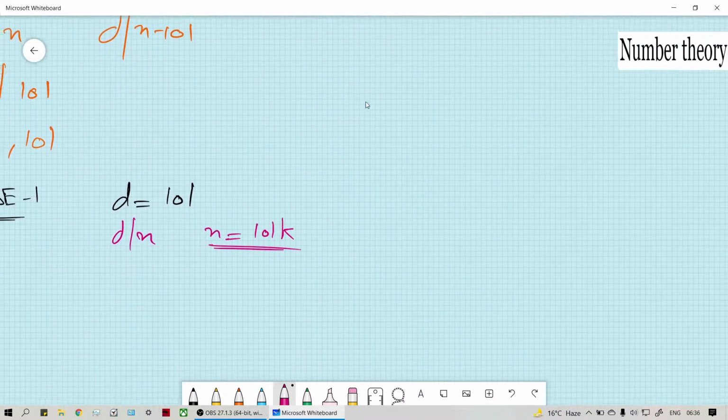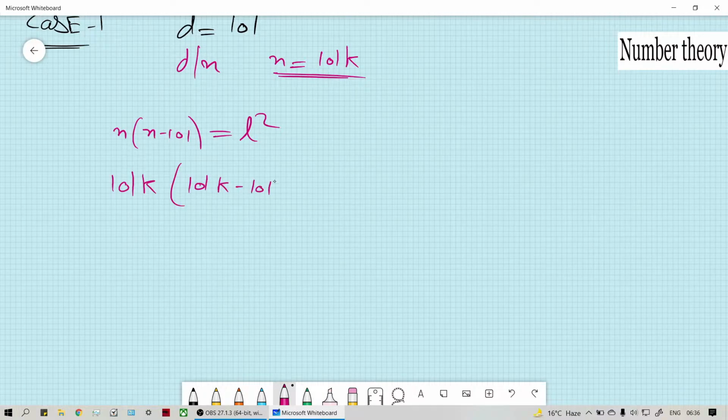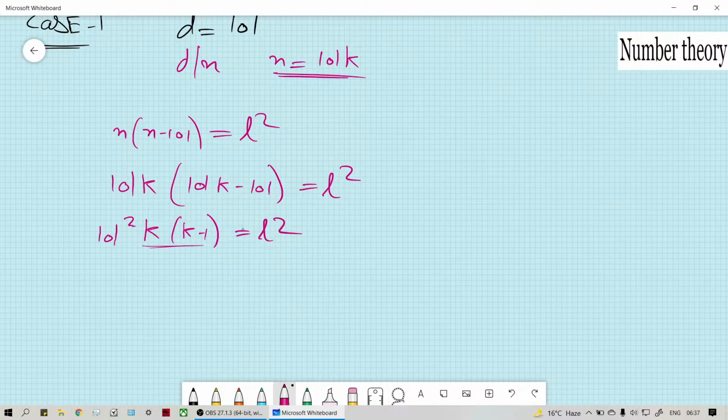Let's first write the equation, what the equation was. This becomes 101k minus 101 s square. Taking 101 common, we get 101 whole square k minus 1. Now you can do it like we did previously, bring this 101 whole square here, and since this is integer, this side also has to be integer, and so on.